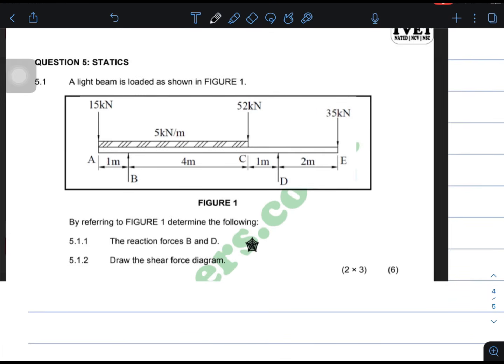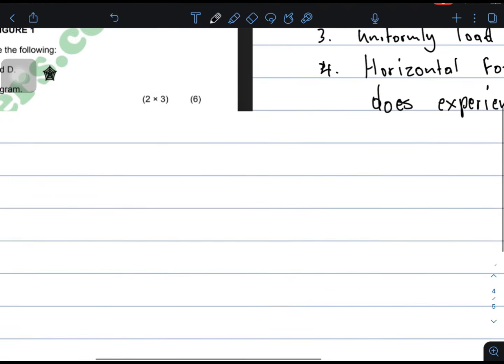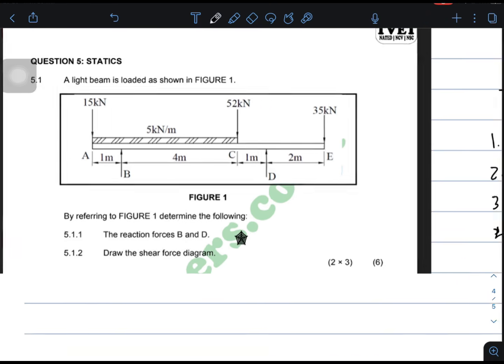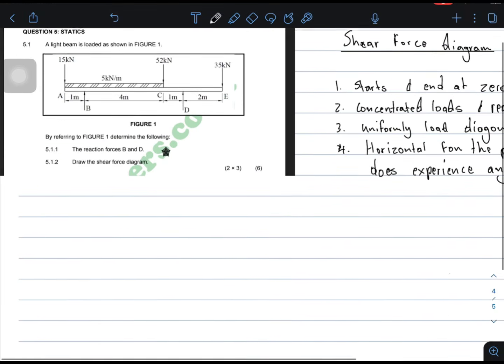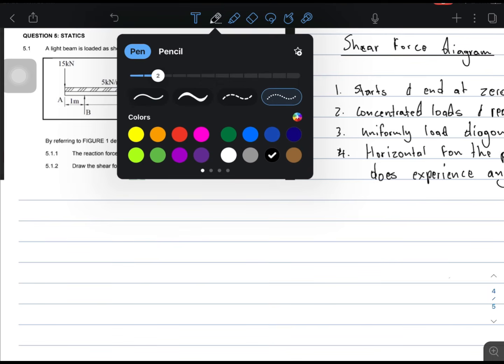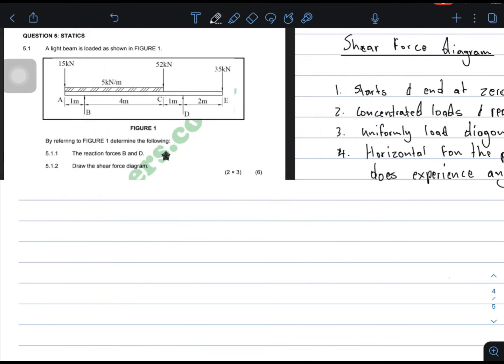So now I'm going to use the one that is on the question. After you draw the diagram, you use mostly dotted lines, like this.